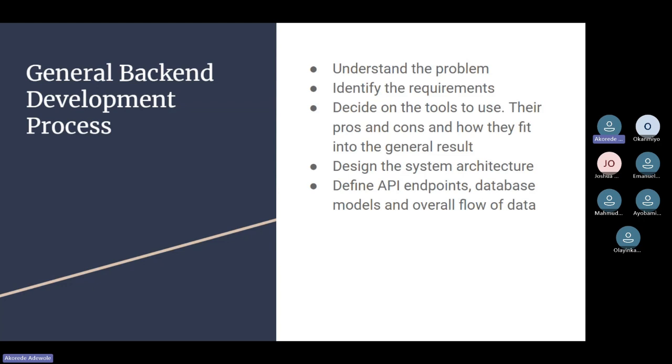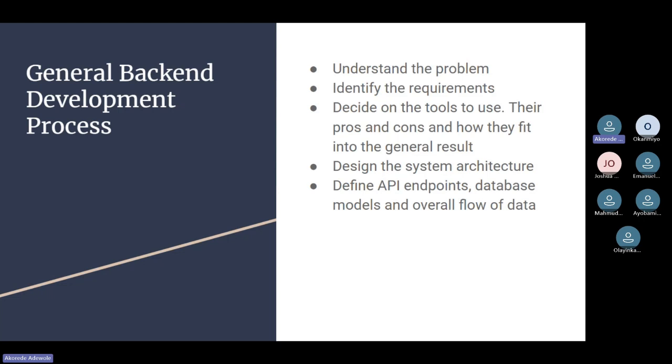Then you decide on the architecture of what you are going to build. You define what the endpoints are going to be, and then your database information, your models, what you want your database to be collecting, even what type of database exactly you want, and how your data flows from one action to the next.